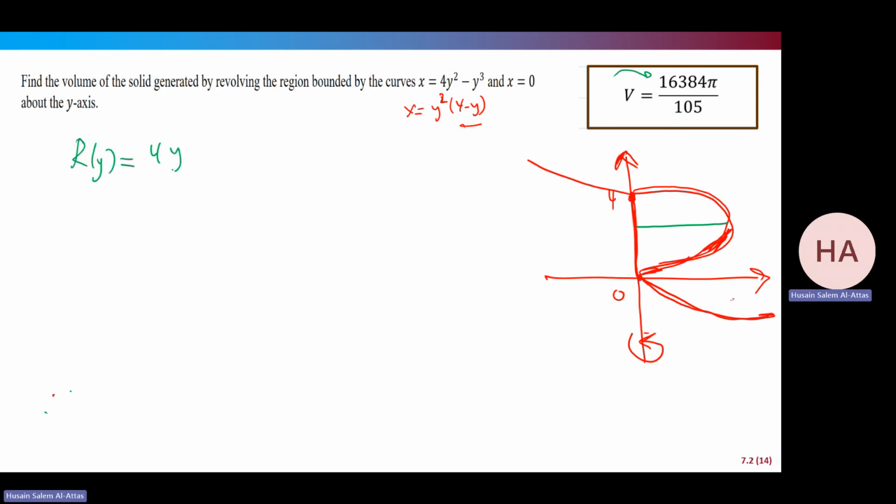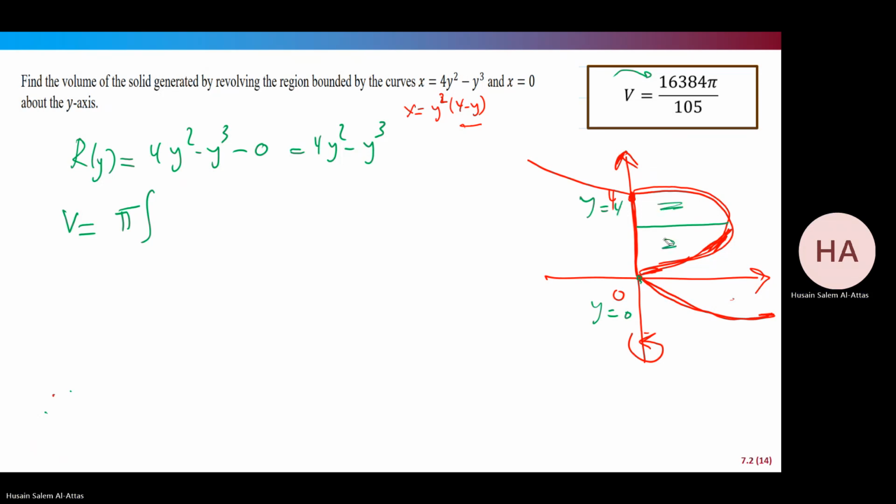The function minus 0, which is 4y squared minus y cubed. Okay, what will be the volume? What is the limit of integration? Here y equals 0 to y equals 4. This is the area I'm talking about. So from 0 to 4 of 4y squared minus y cubed, squared.